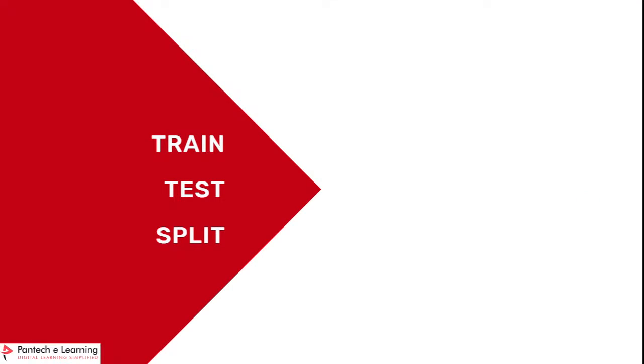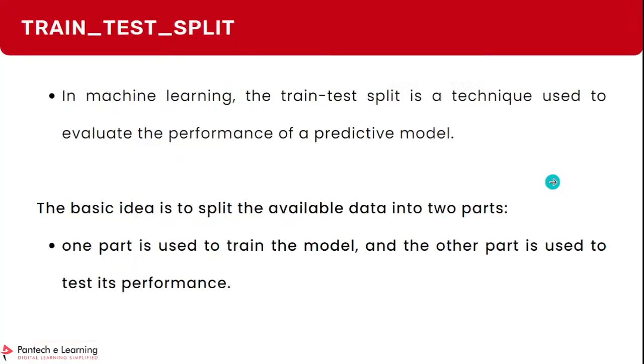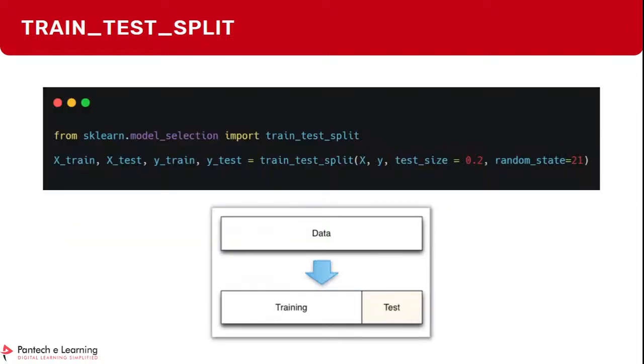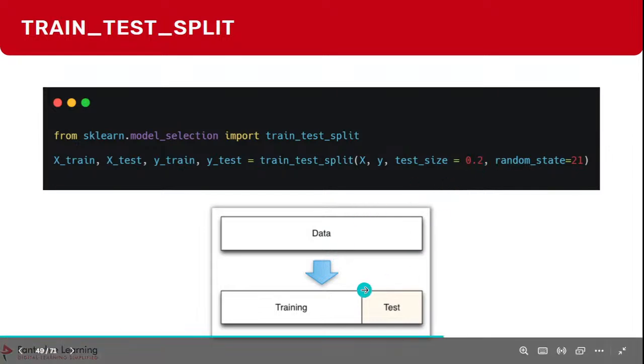And for testing purposes, what we should do is split our data into parts. When you have your entire data, for example if I have 1000 rows, I can split with a test size of 0.2, which means 20%. So from my 1000 rows, I could split 20%, which means 200 rows, for testing purposes.